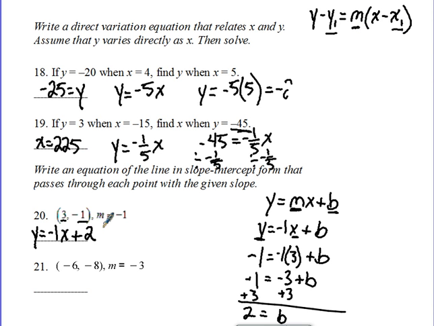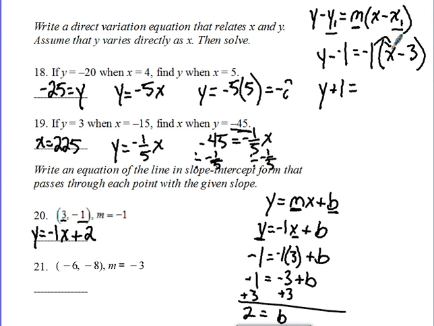Well, they gave us a point and our slope, so y minus our y-coordinate, y minus negative 1 equals our slope, negative 1, times x minus our x-coordinate, which was 3.